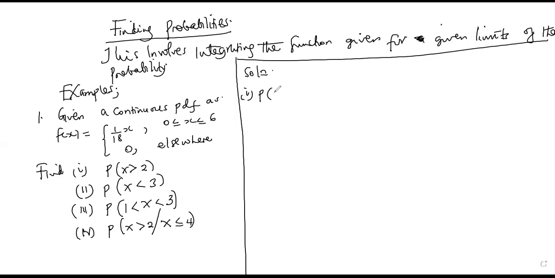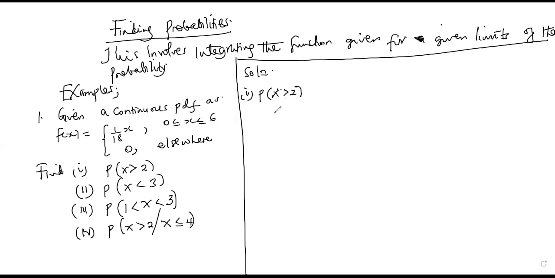Probability of x greater than 2. If x is to be greater than 2, then you need to locate the interval, because you cannot integrate with only one value. You cannot integrate with only the one value 2.